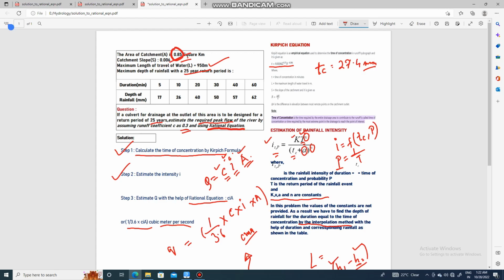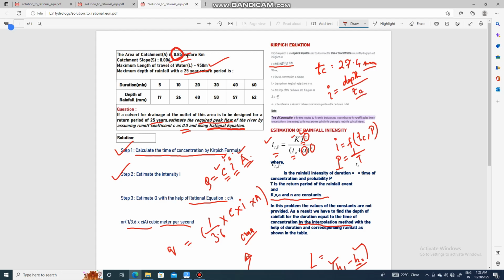Anyway, what next? How to calculate that? As you do not have x, a, n, k, there is no need to calculate these constants. We'll use the interpolation method to find this I. Now, I can also be written as the maximum depth of the rainfall divided by the time of concentration.